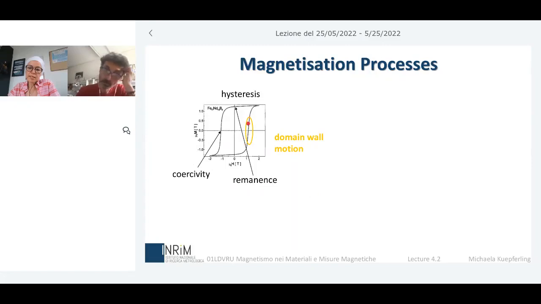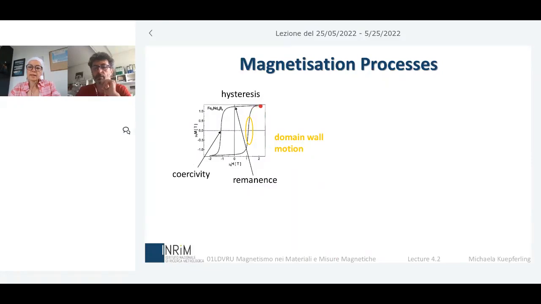So in this very steep area of the hysteresis curve, we have mainly domain wall motion. This is the area where the domains enlarge and the domain walls move a lot. And this gives you this steep behavior because it's much faster and energetically it costs less energy, let's say, to move the domain walls.